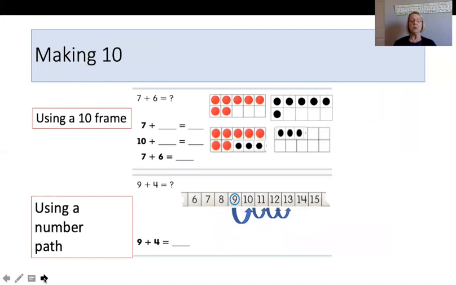We could also use doubles here and say doubles plus 1. We can say 6 plus 6 plus 1 equals 13. The bottom one uses a number path. We can start with 9, add 1 from the 4 to make 10, and the 3 left over we count on to make 13. And you can see that in the picture. We added 1 to make 10, and then we added the 3 to make 13.